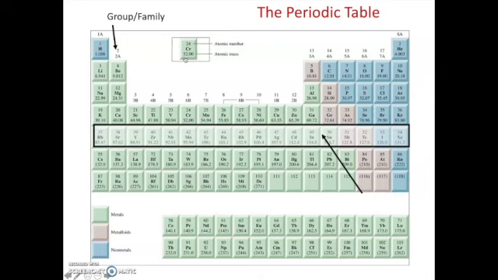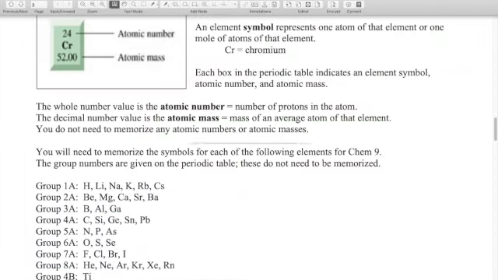I know I haven't talked about isotopes yet, but we will. But it's using all the different versions or isotopes of that element that are present in nature and their abundance. So it's calculated, basically. And the higher the value of the atomic mass, the more mass that average atom of that element has.